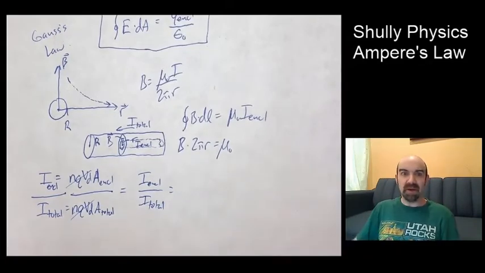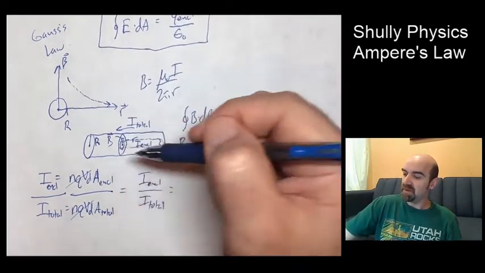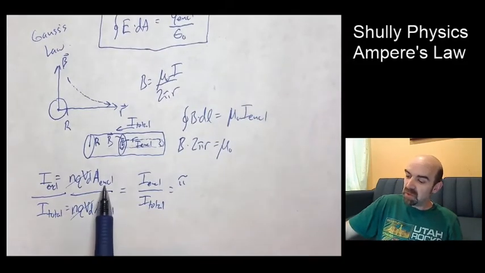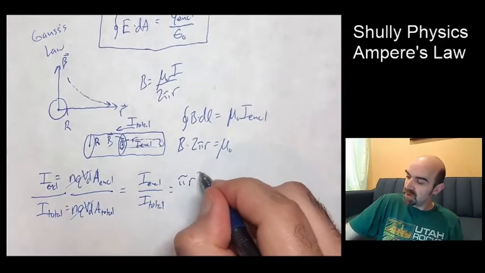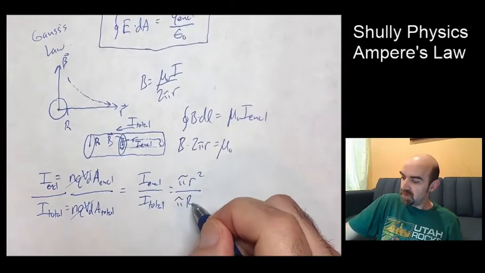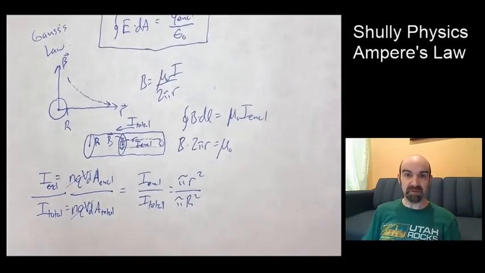Now what is the area of a little slice of pepperoni? It's pi r squared. Now I've got to be careful, the enclosed r would be little r, and the r for the total area would be big R. All right, so we have a ratio here.